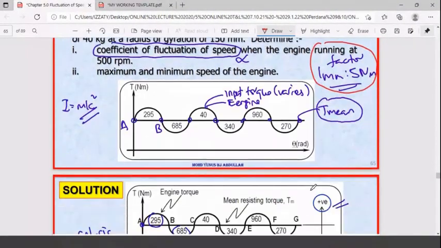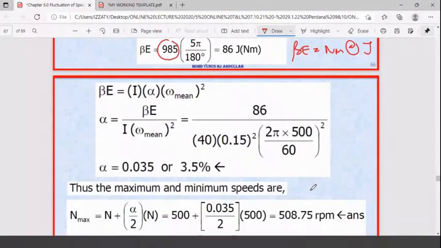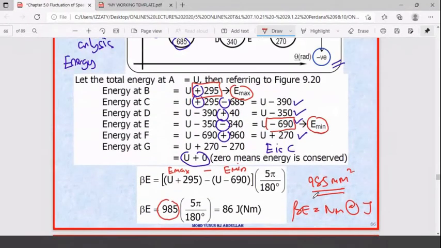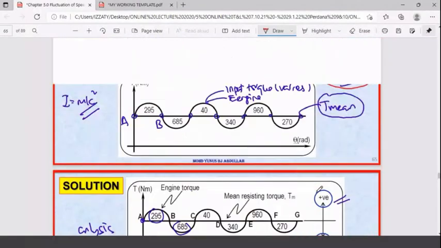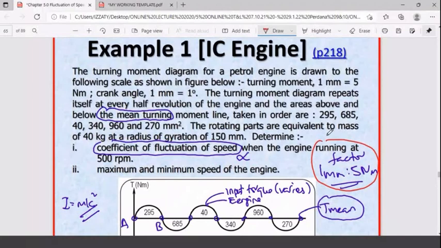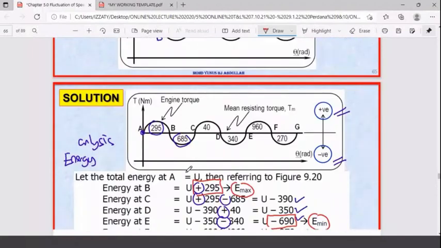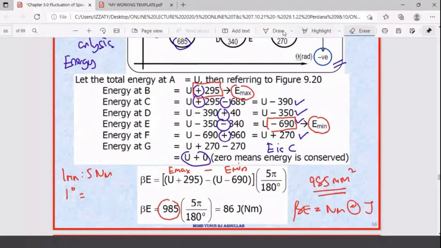So you have to multiply by the factor here. You also have 1 millimeter equal to 1 degree.